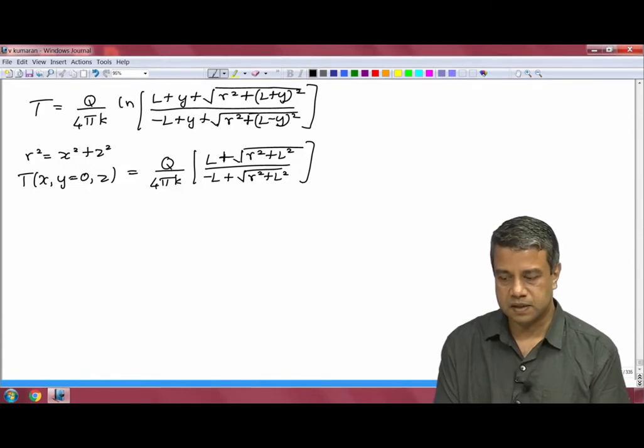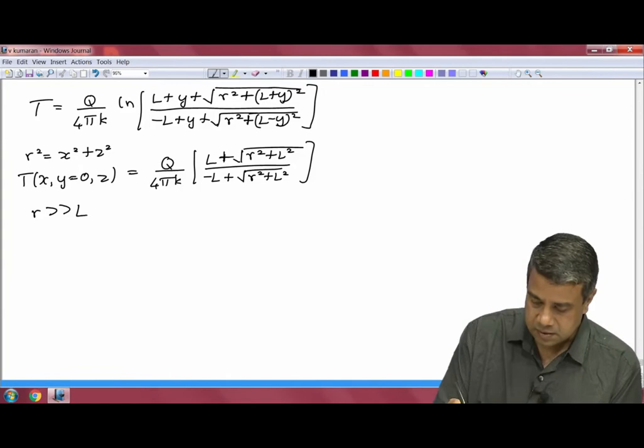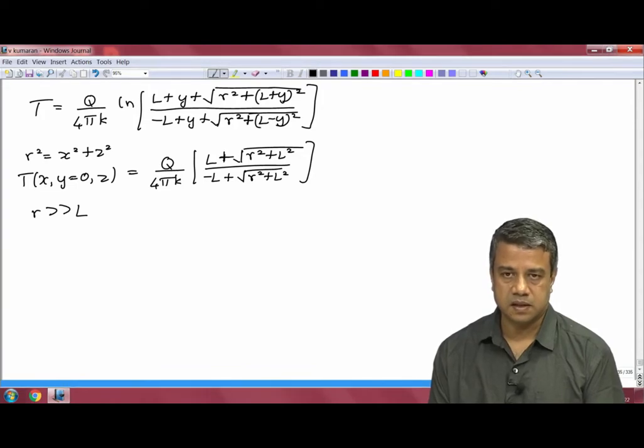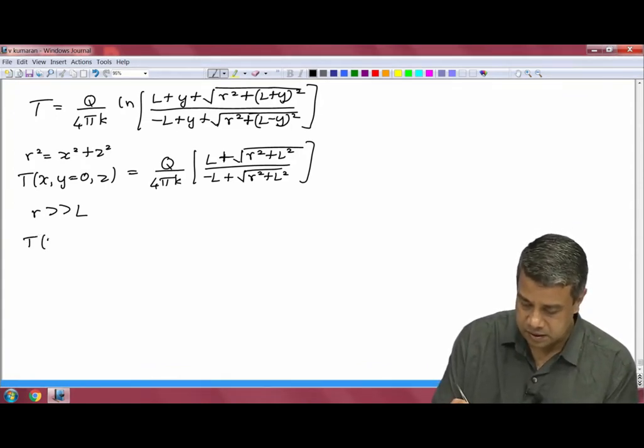The first thing is if I consider R to be much greater than L, that means that the distance from the wire is much greater than the length of the wire.